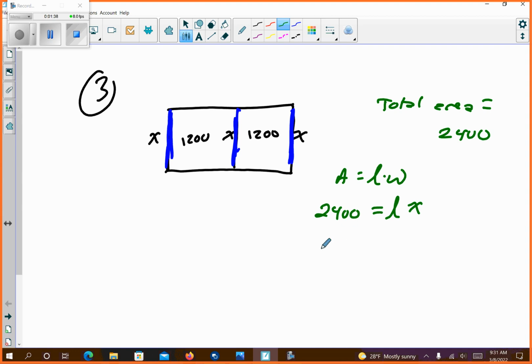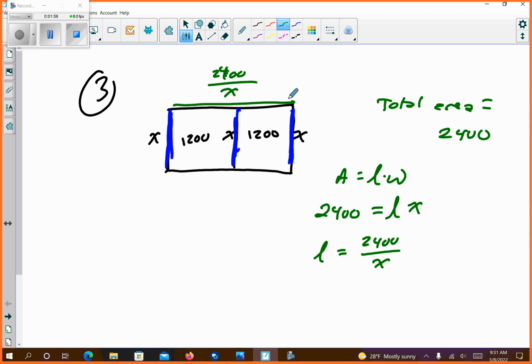So that means that my length is going to be 2,400 divided by x. Okay, so then I'm going to go 2,400 over x. That's this whole length here.